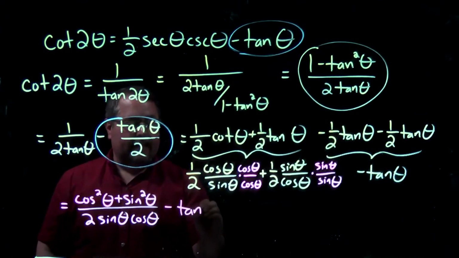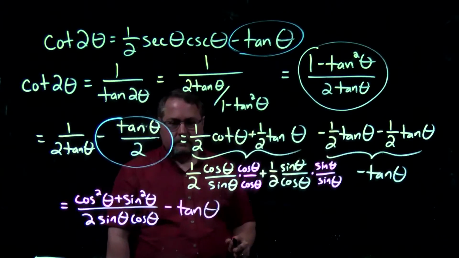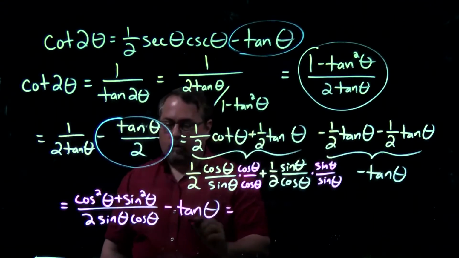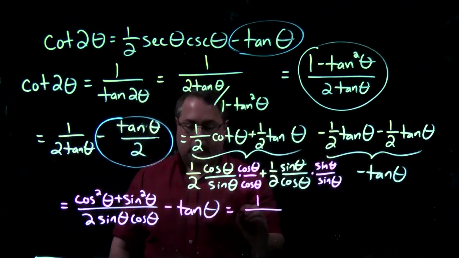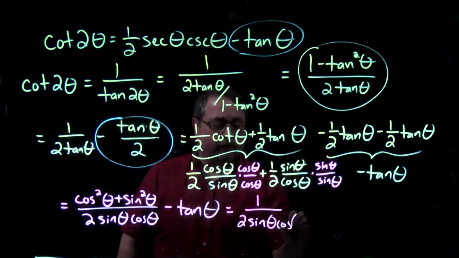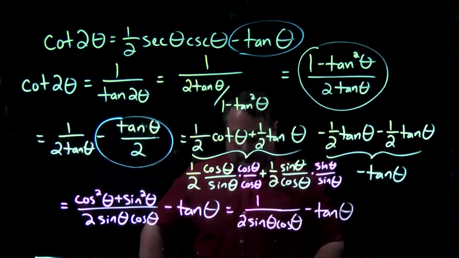And then we have that minus tangent theta. And that's going to equal, cosine squared theta plus sine squared theta is 1, so we have 1 over 2 sine theta cosine theta, using the Pythagorean identity there, minus tan theta.